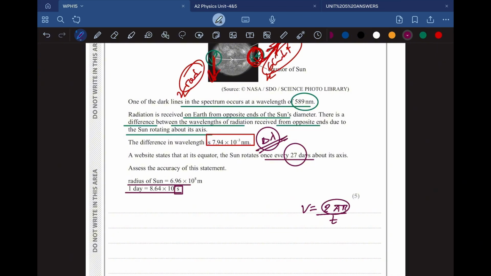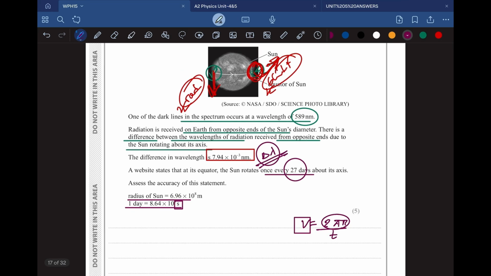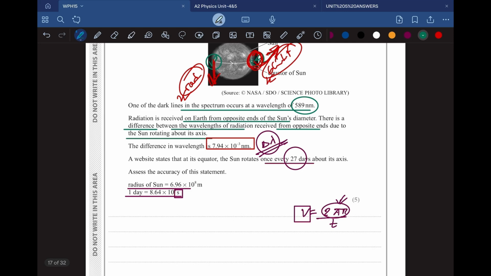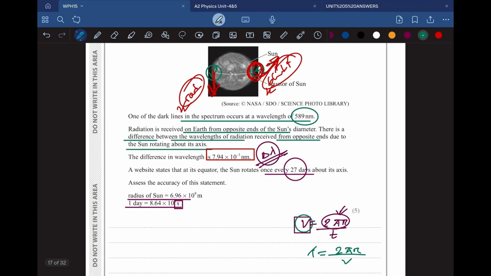Because this is the circumference of the sun and speed is equal to distance by time taken. As it is moving about its own axis, it is covering the circumference. So that's why we are writing 2 pi r by time. Okay, so v is equal to 2 pi r by time taken. If we make t the subject, it becomes 2 pi r by v. So basically we'll have to calculate this v.